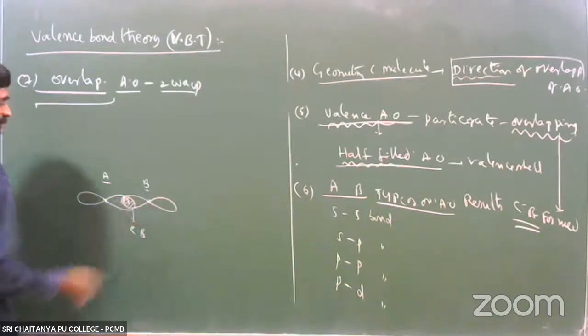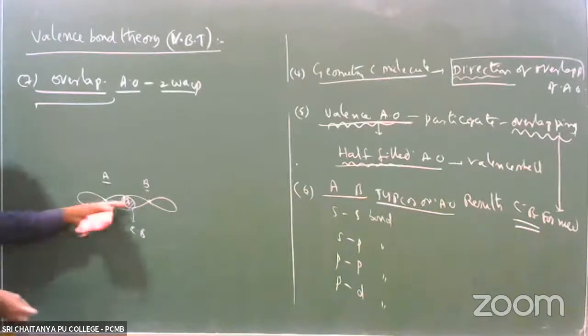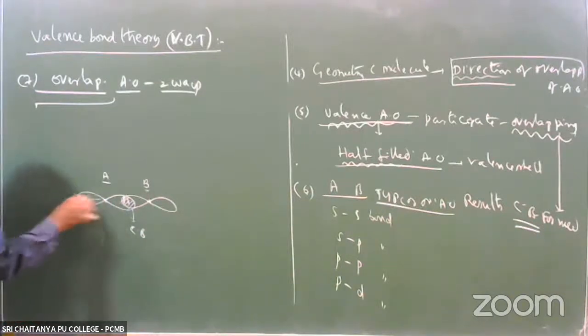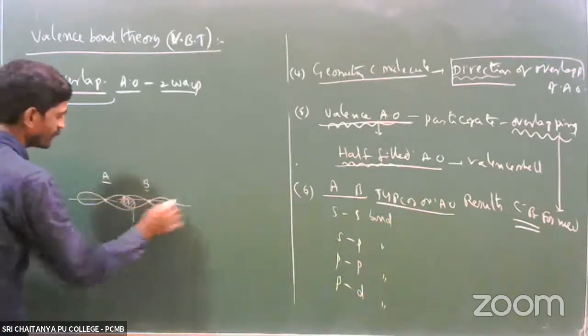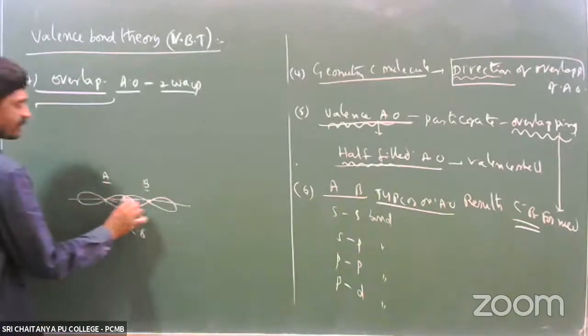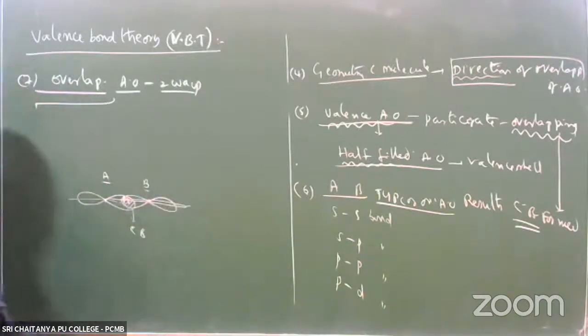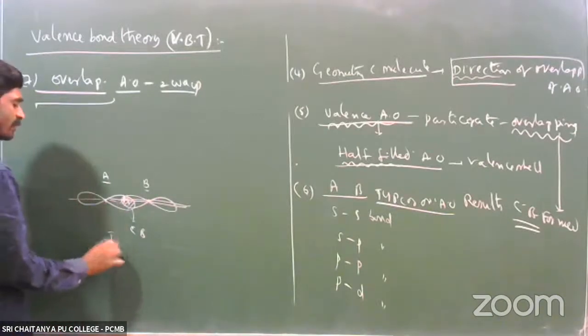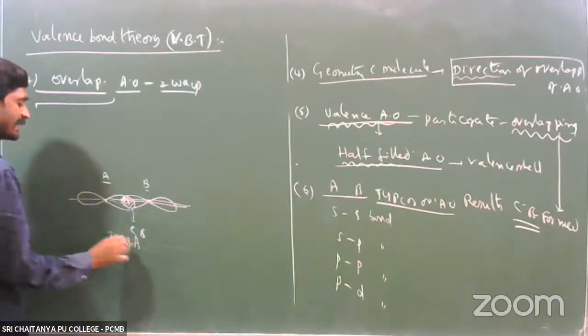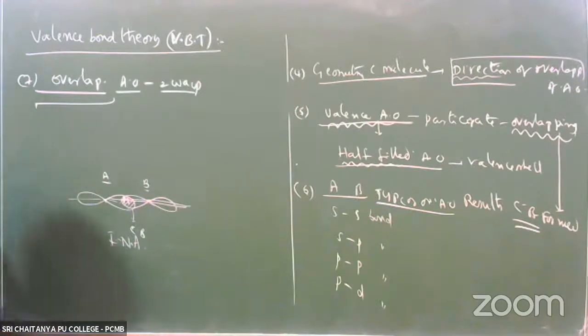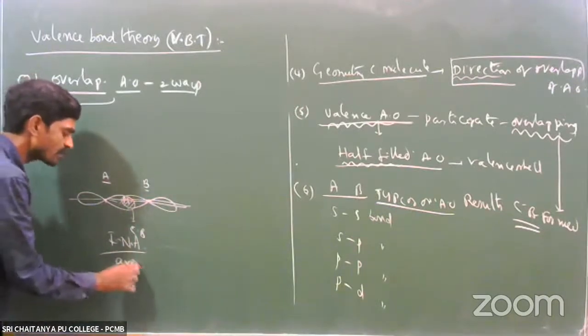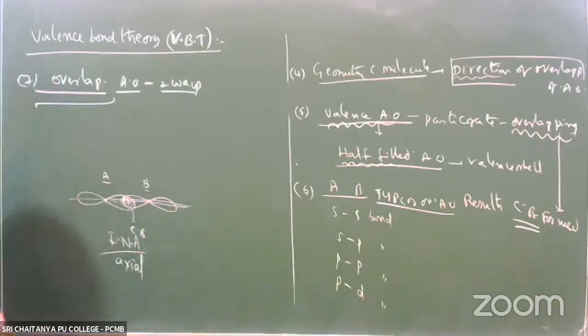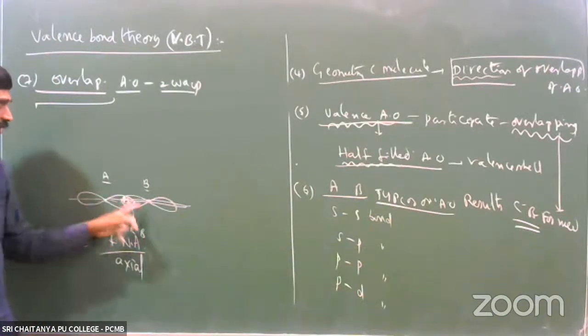Now here, the two atomic orbitals are overlapped axially. Because of axial overlapping, a bond is formed. This axial overlapping we also call overlapping along the internuclear axis.